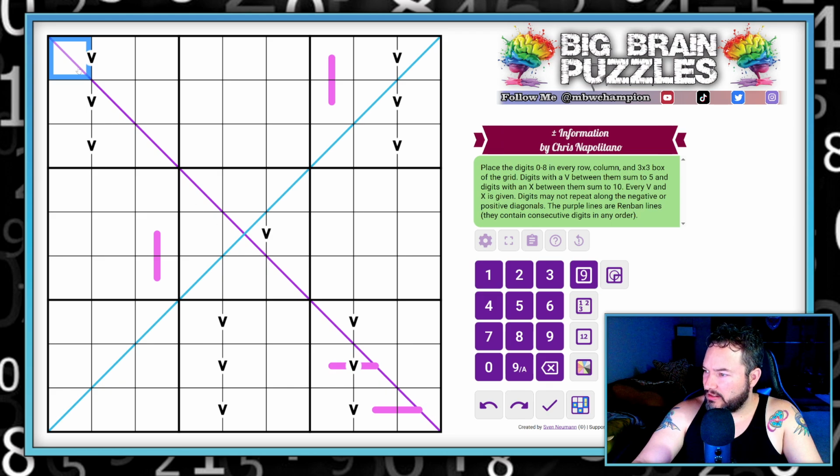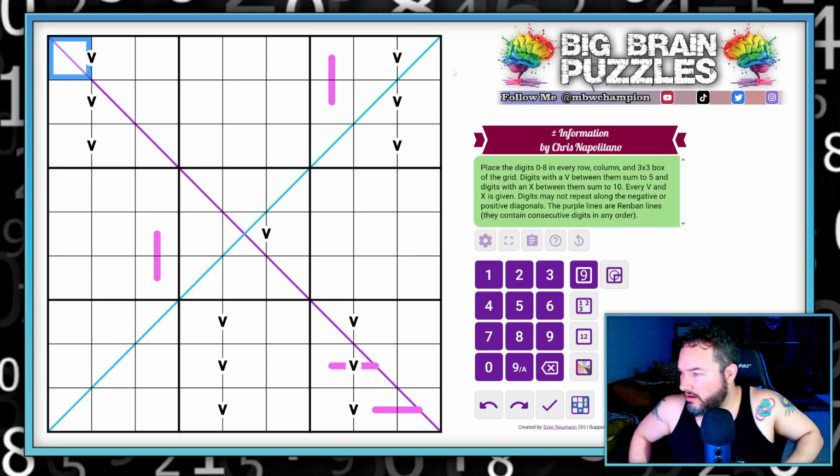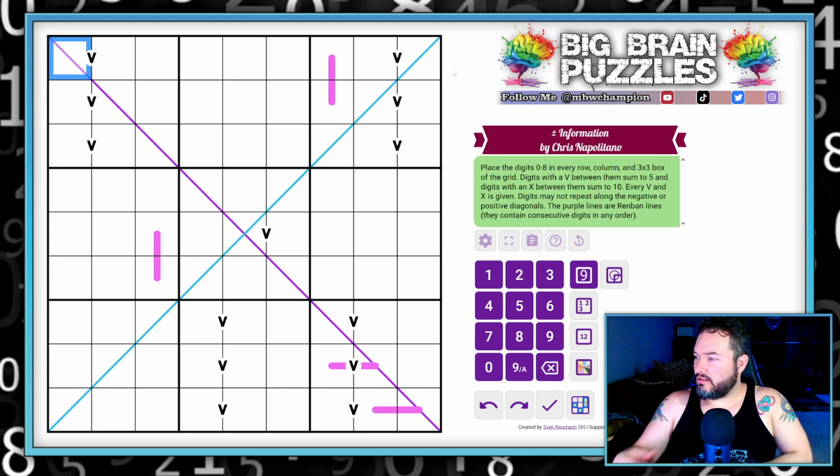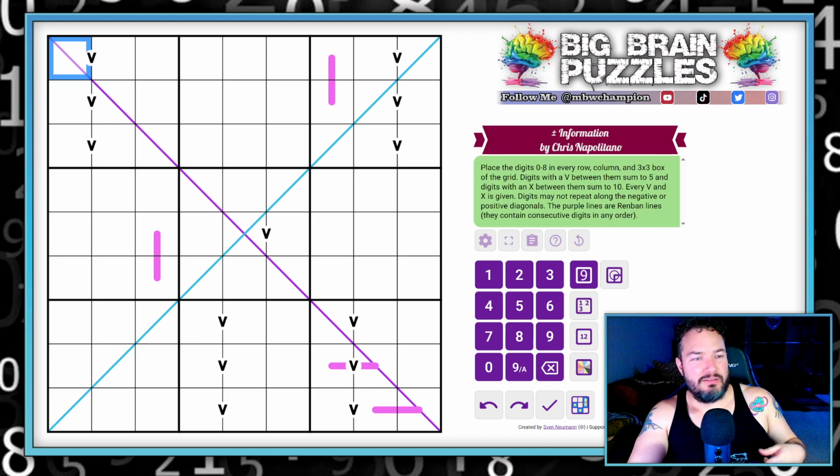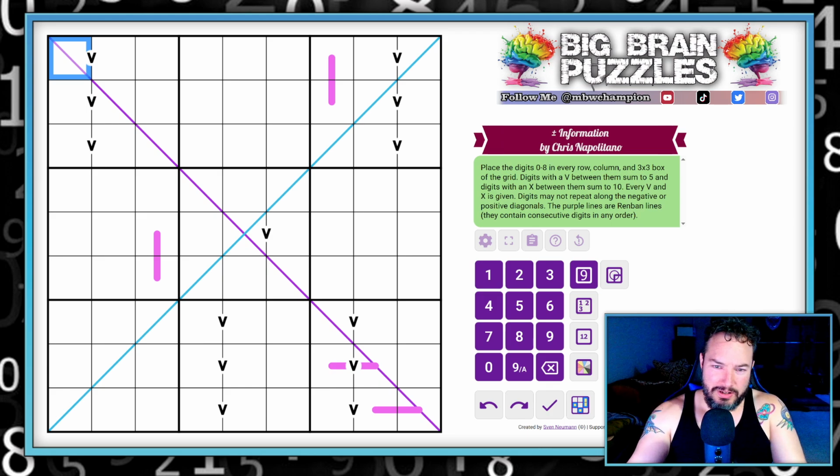That means the digits 0 through 8 are on it, but cannot repeat. So it's the same rule set. That's so weird, the way they worded that rule. I think it's just a play on the name of the puzzle.